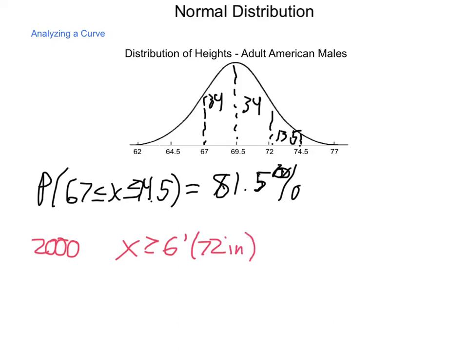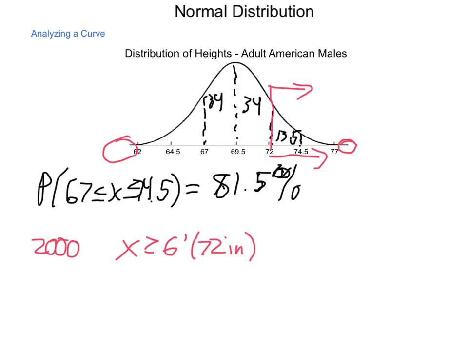Well, the 72-inch mark is here, and if we want to know who falls to the right of that, a couple of things we could do. We can either add up all the areas that are to the right of that, or we can subtract the area to the left. Because we don't know the area out here beyond that 3% from our calculations earlier, here's what we're going to do.